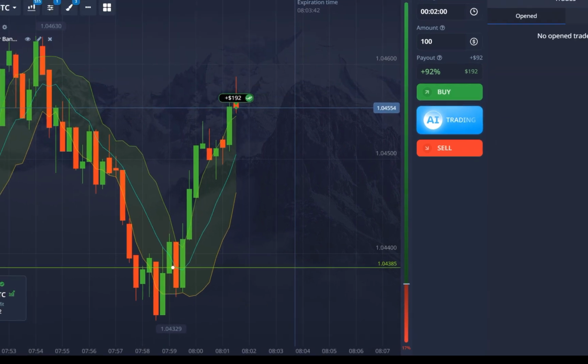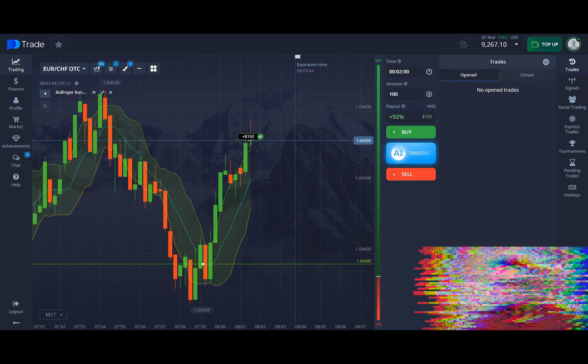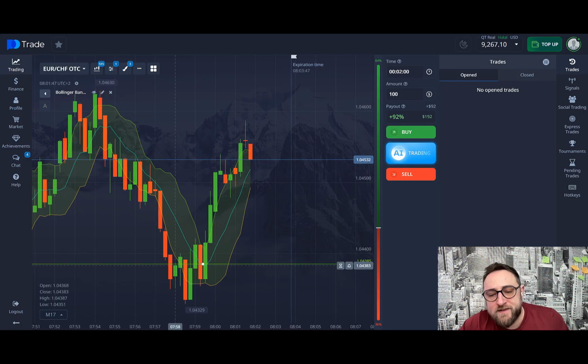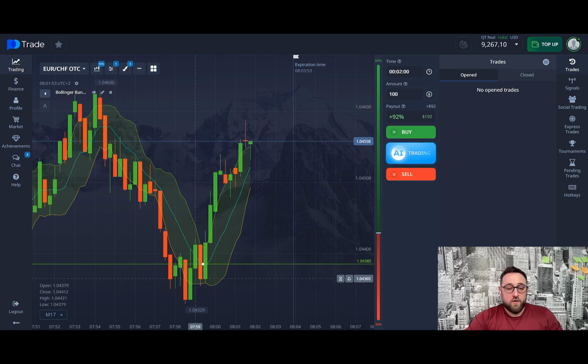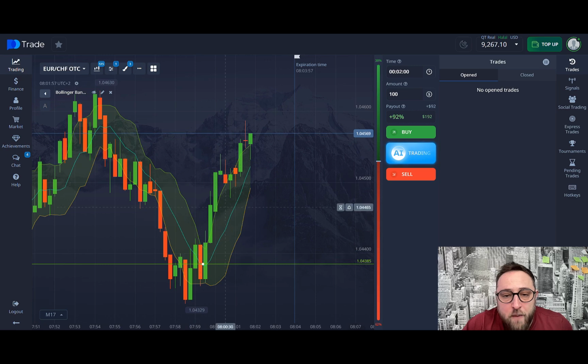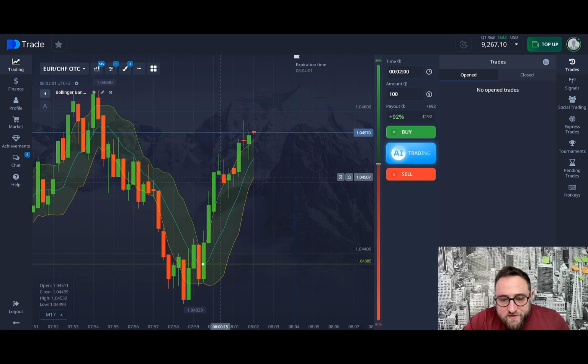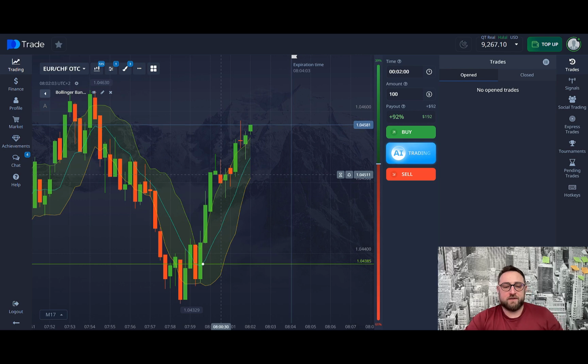I really love this. So we very accurately predicted the price to rebound from the resistance line. We realized the breakout was false and opened the trade in the opposite direction, upward. The trade closed successfully in the plus.